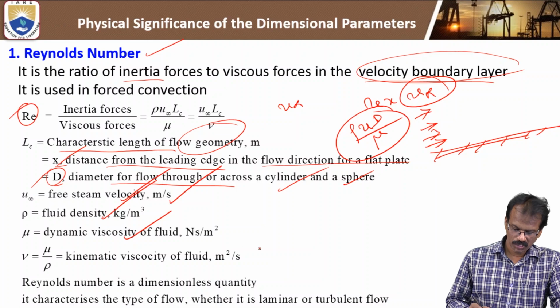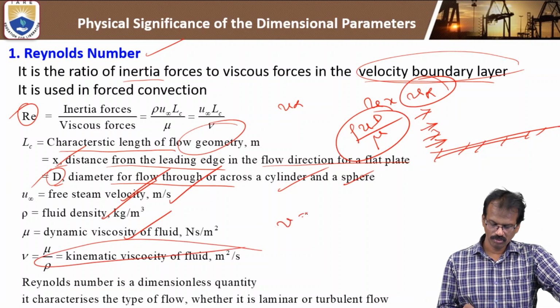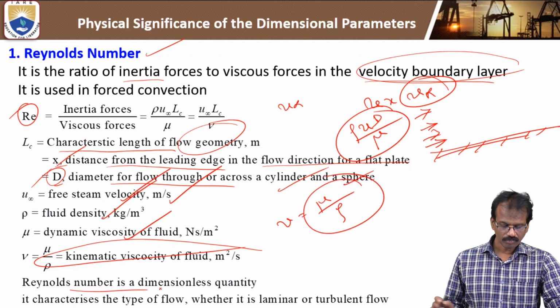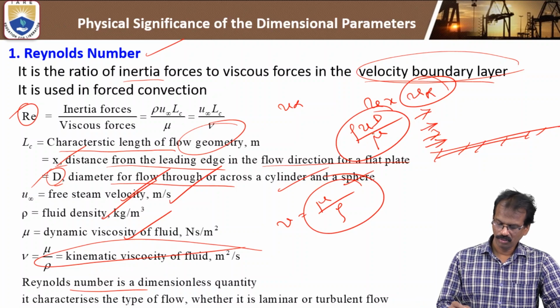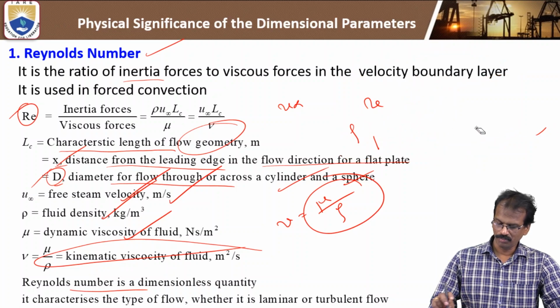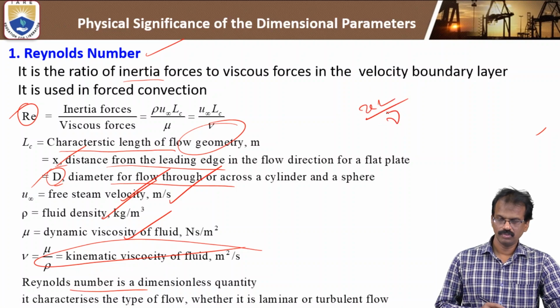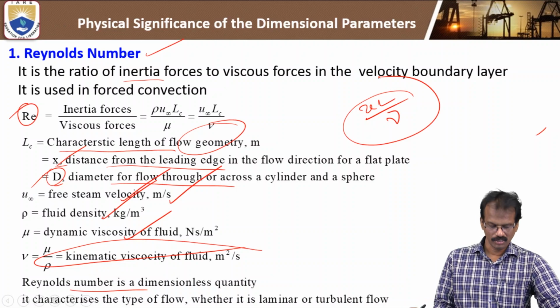Nu is the kinematic viscosity of the fluid, which is dynamic viscosity divided by density. You know that formula. Finally, the Reynolds number is a dimensionless number. If you apply the dimensions and units, you get a unitless number. The formula is u L by nu. So this is the unitless, dimensionless number.